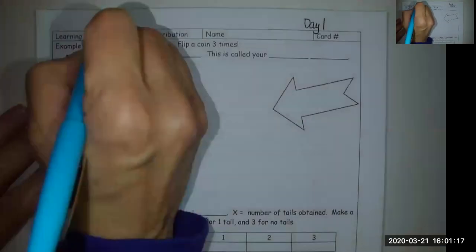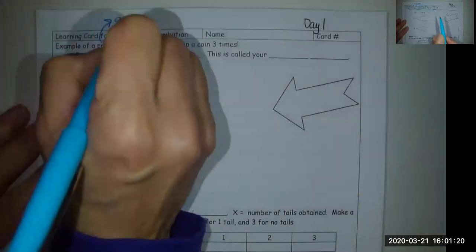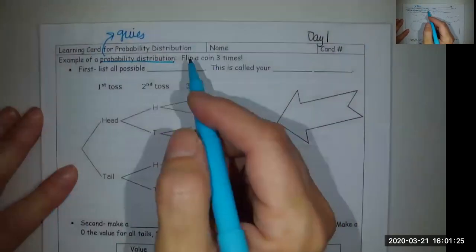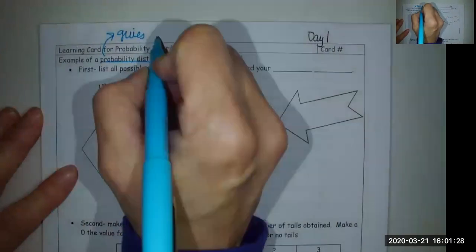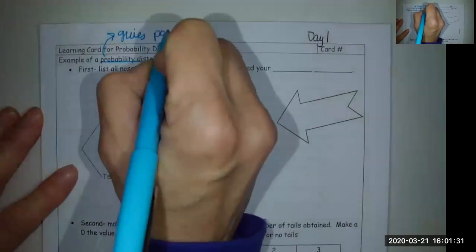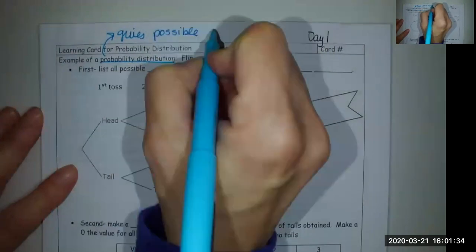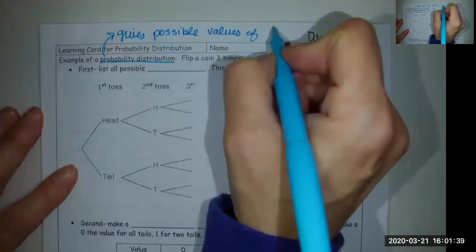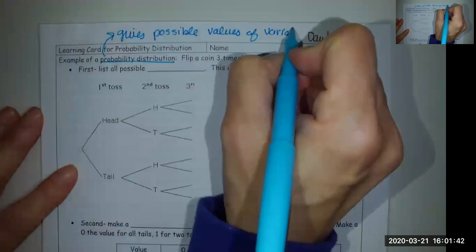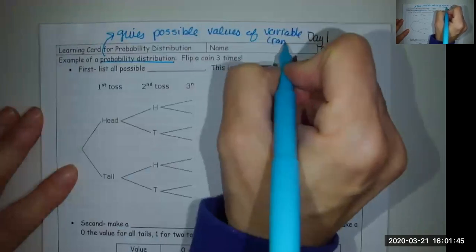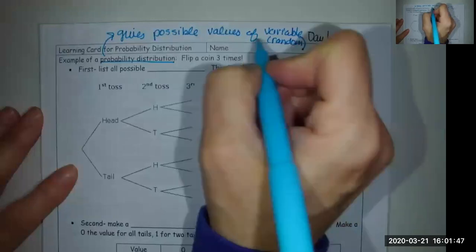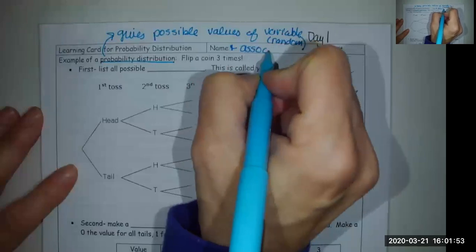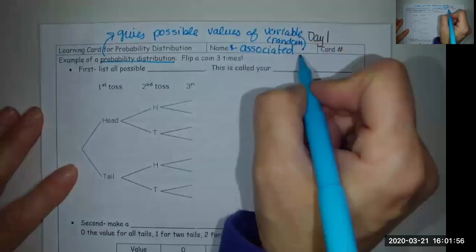A probability distribution gives possible values of a random variable and the associated probabilities.